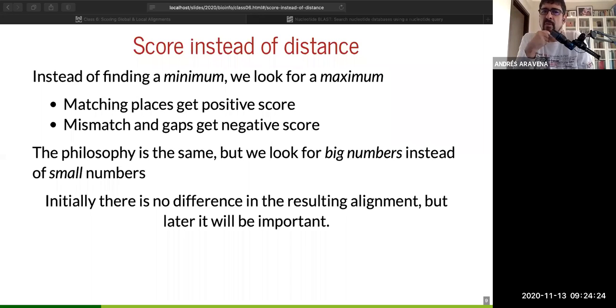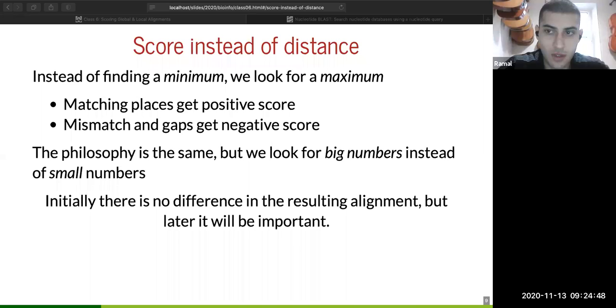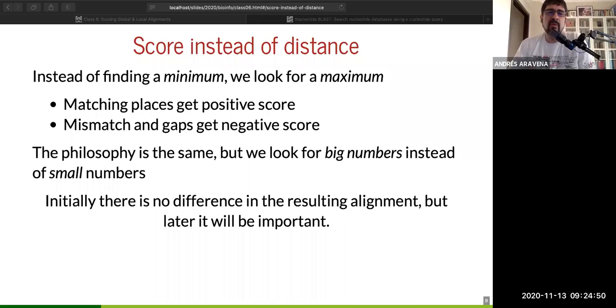So instead of having 1s and 0s, like we had before, counting 1 for mismatch and 0 for match, we will now have a positive score when the two letters are equal, and a negative score when you have letters that don't match or you have a gap. Okay, so the score increases when things are good and decreases when things are bad. The philosophy is the same, but with big numbers instead of small numbers.